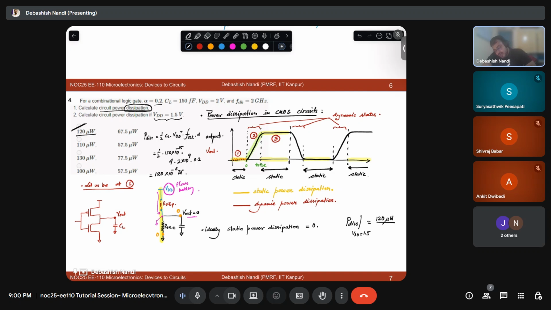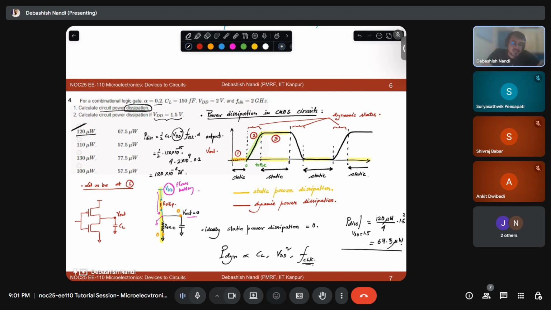What will you divide it by? This VDD square. That means 4 times 1.5 square. So this will come out to be 67.5 microwatt. The major thing to remember is that P dynamic is proportional to CL, proportional to VDD square, and proportional to F clock.